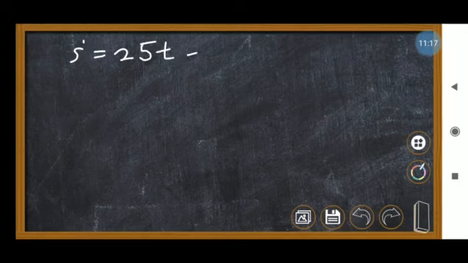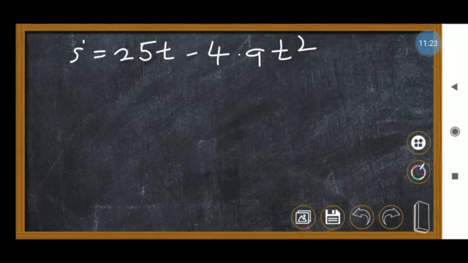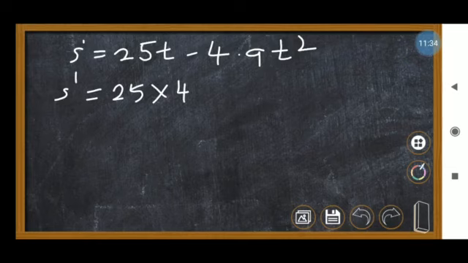Substitute into that equation: s dash equal to 25t minus 4.9 t square. When t equals 4 seconds, substitute 25 into 4 minus 4.9 into 4 into 4.